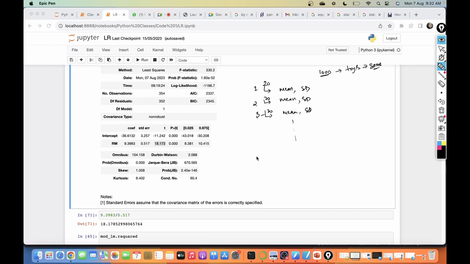For example, you did it 10 or 15 times. You got the mean and the standard deviation. Now take the mean of all these means. That's the same thing we do in the central limit theorem. Remember the central limit theorem?